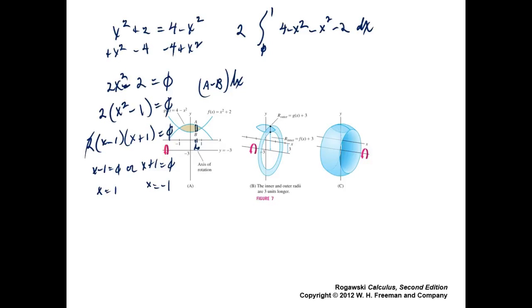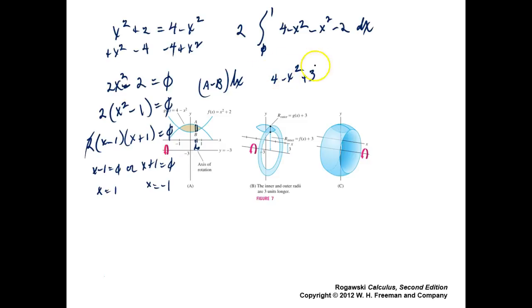This is aggravating. My thing gets all twisted up. Actually, they did show the other. Okay, so let's do the outer radius here, which is 4 minus x squared minus 3, right? No, minus a minus 3, so it's a plus 3, right?